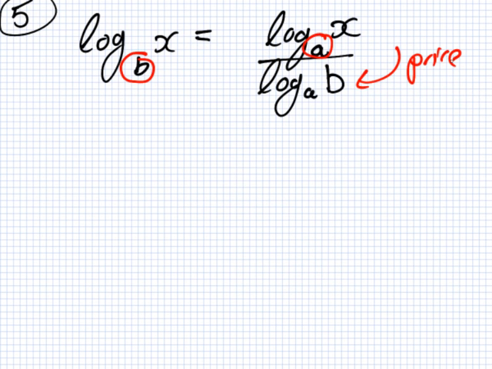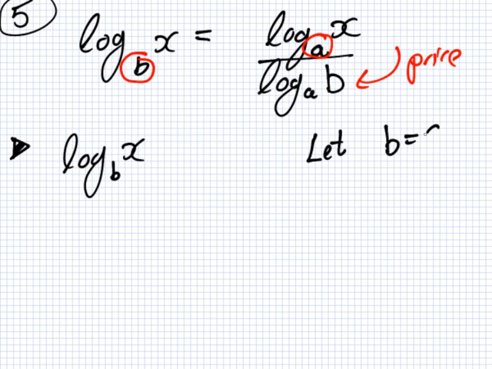Yeah? Okay, so let's have a look at the proof if I remember. Log base b of x. I think what I'll do is I'll say let b equal a^n and x equal a^m. I think I'll do that first.